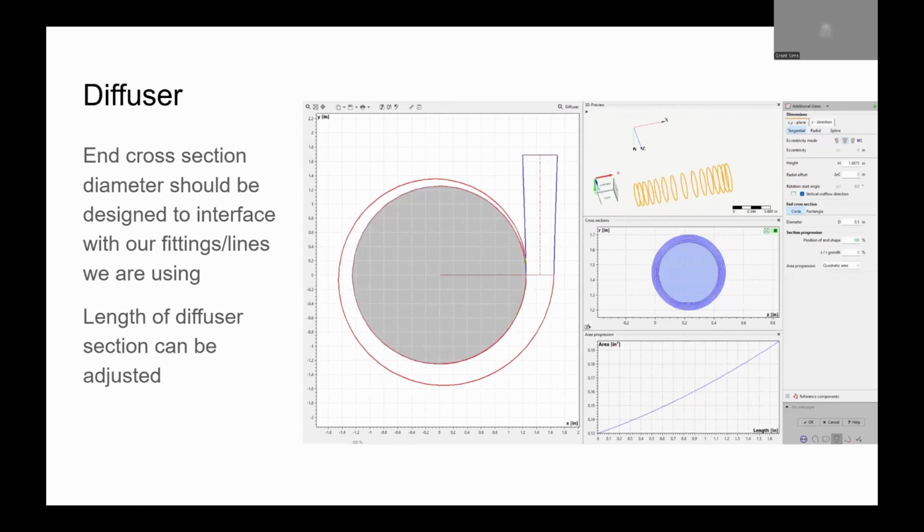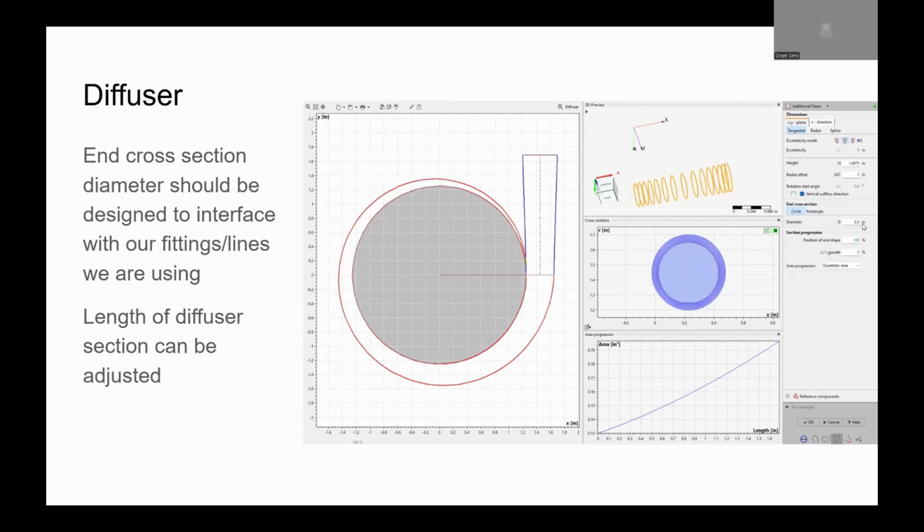The diffuser is the bit on the end of your volute. It converts some more of your kinetic energy to pressure energy, which is what we want. We want a high static pressure coming out of this volute. So I set the diameter to be 0.5.